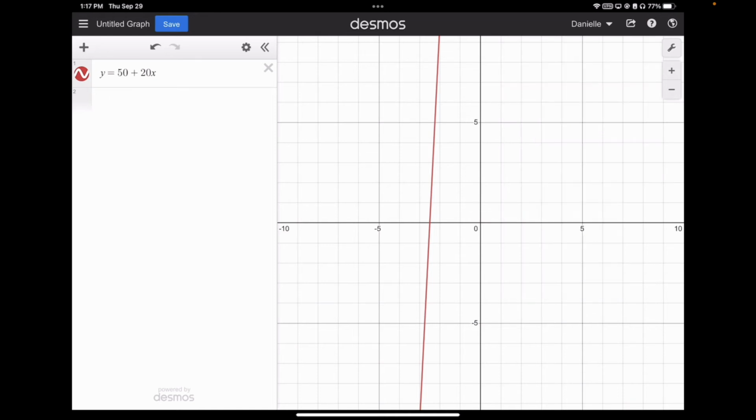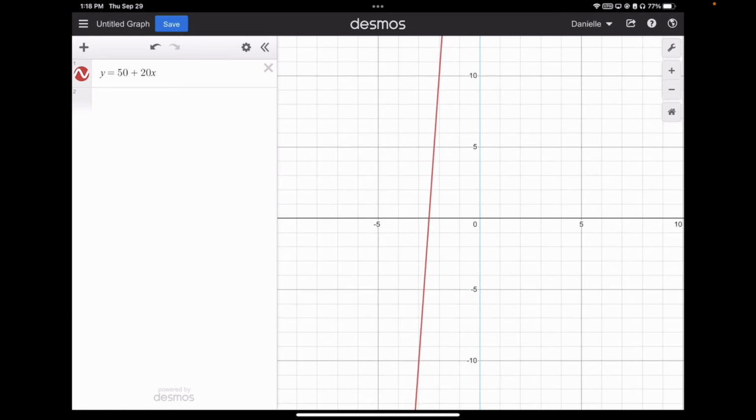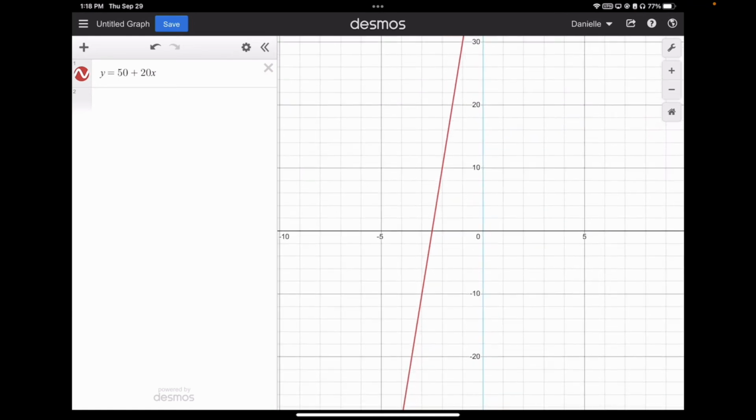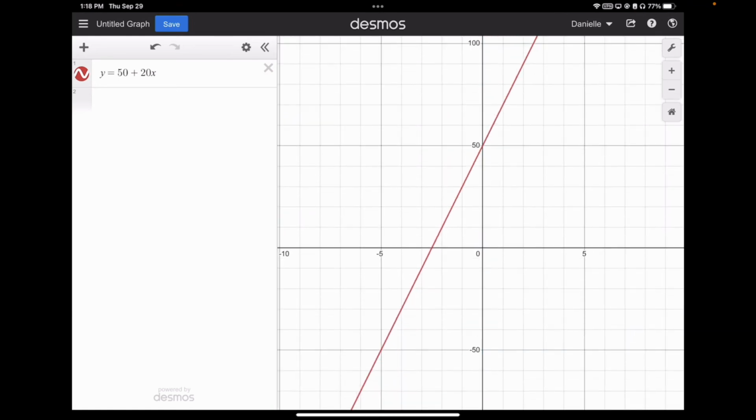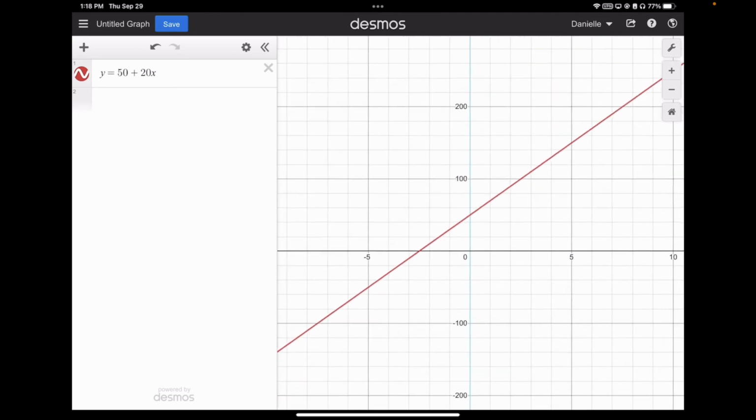But that's a manual way to do it, and I don't really like that. Most of my students have Chromebooks that are touchscreen, so if you have a touchscreen Chromebook, what you can do is pinch on the axis you are trying to shrink or grow. So I'm pinching my fingers on top of my vertical axis here in order to shrink this down.